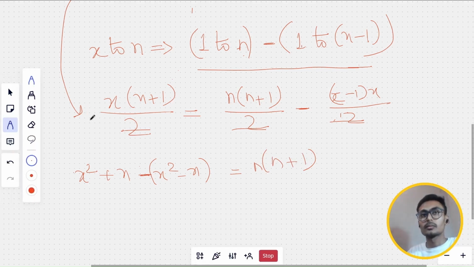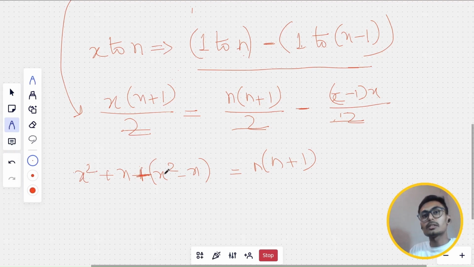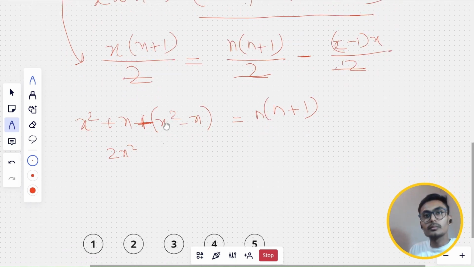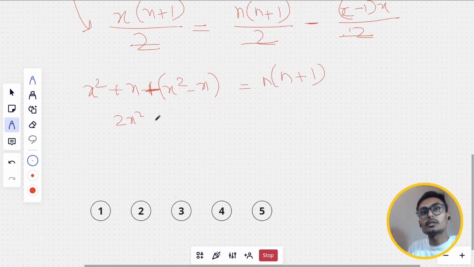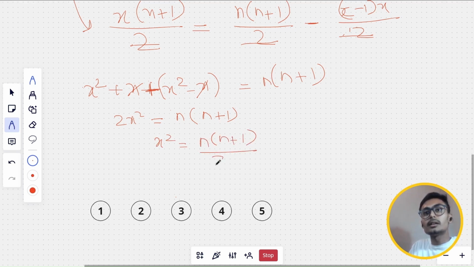The x square plus x square becomes 2x square, and the x cancels out. So 2x square is equal to n plus 1, and if we solve this, we get x square is equal to n plus 1 by 2. So this is our derived equation.